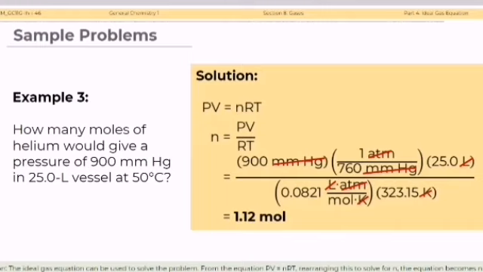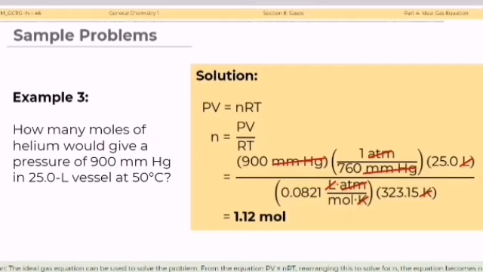Solution. The ideal gas equation can be used to solve the problem. From the equation PV equals nRT, rearranging this to solve for n, the equation becomes n equals PV over RT. The given pressure is in millimeters of mercury and must be converted to atmosphere, so a conversion factor will be used.